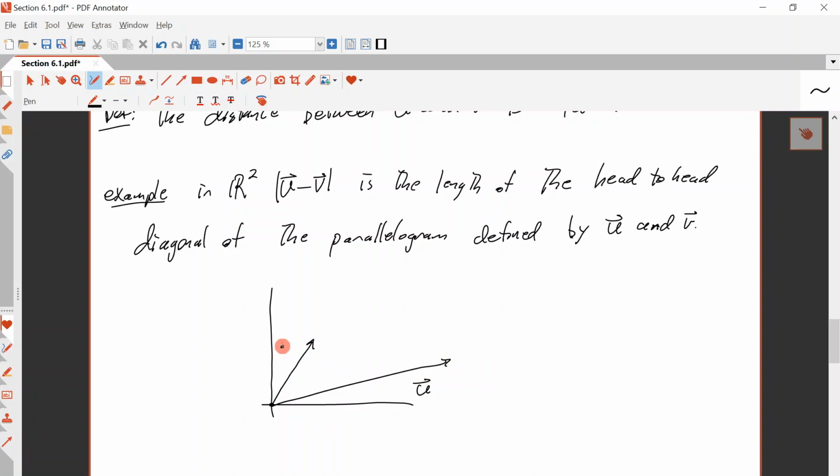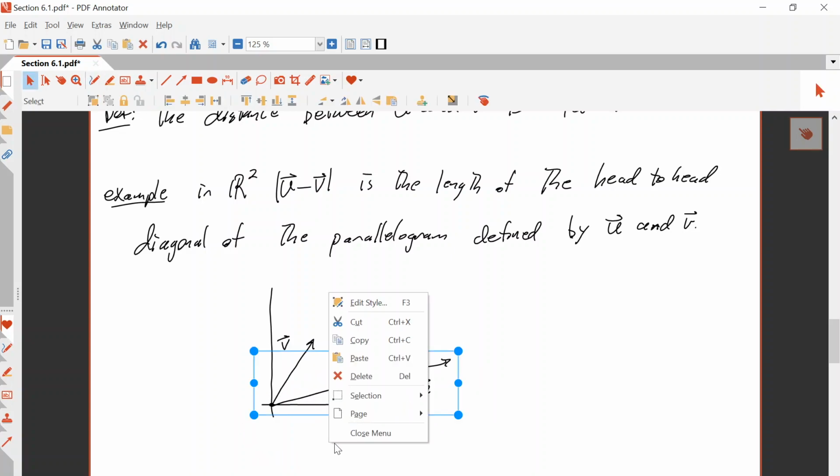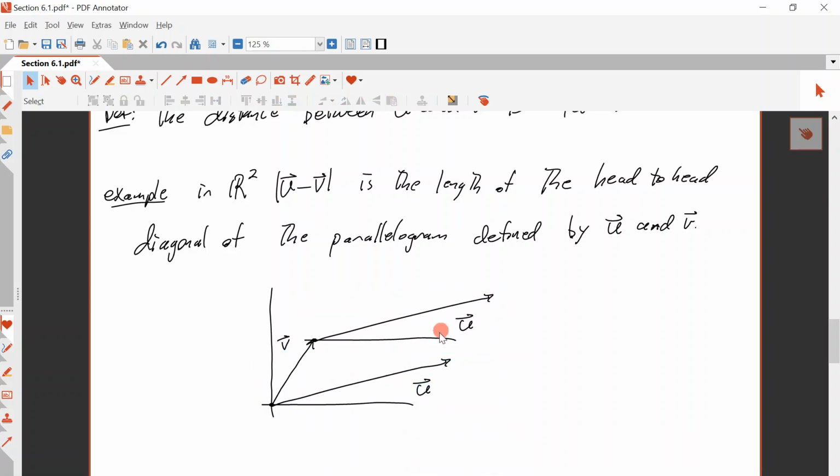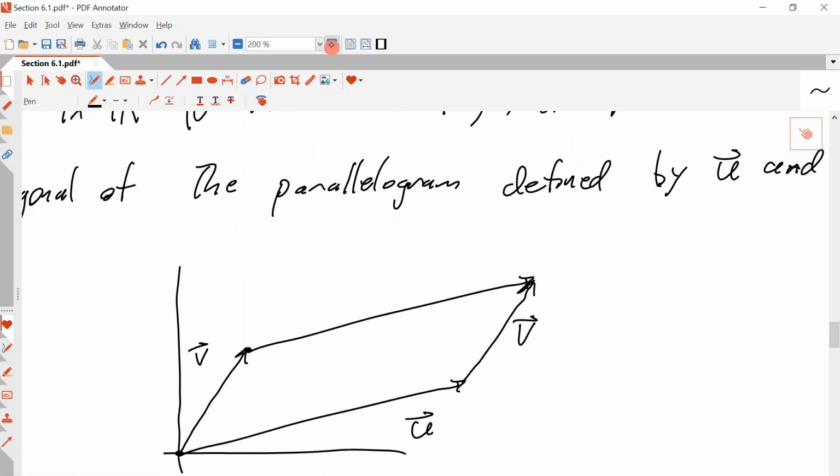And so this is u, we'll call that v. The tail, head diagonal of the parallelogram is u plus v. So this diagonal here, tail, head, that's u plus v.